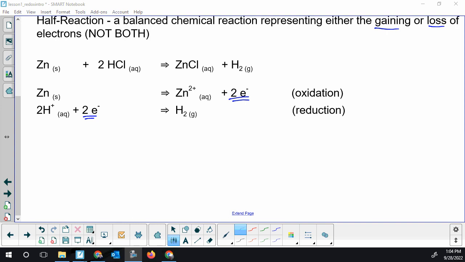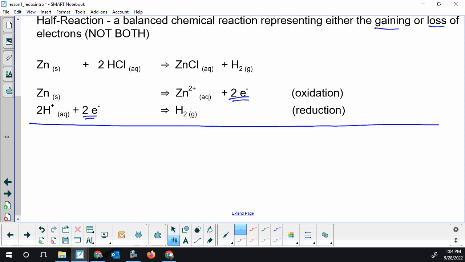So the very top is a balanced chemical equation just like you would have done in Science 10. If I gave you zinc and hydrochloric acid, you should be able to predict the single replacement. In this unit, you should be able to figure out the oxidation and reduction, and then we're going to write net redox reactions, where we sum up the two halves, and we have to make sure the electrons cancel out.